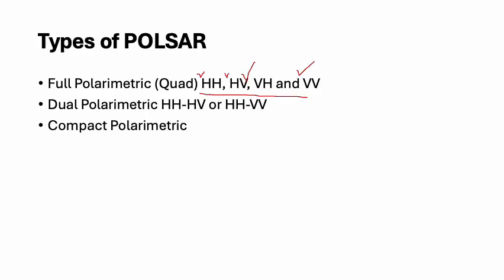Second is dual pole, in which we can use a combination of HH and HV, or HH and VV, to collect the information. The third is known as compact polarization. In this, circular polarization is used. Full pole systems are very costly compared to other systems.